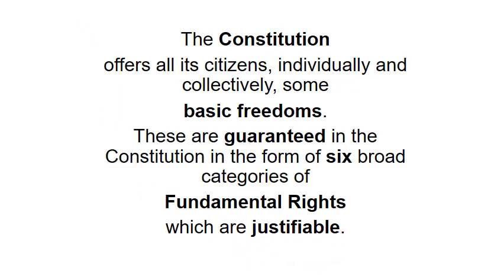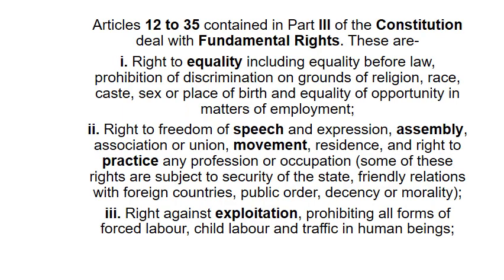That means you can go to a court of law if you are not getting these basic freedoms. And what are these fundamental rights which provide the basic freedoms? Articles 12 to 35 contained in Part 3 of the Constitution deal with fundamental rights.